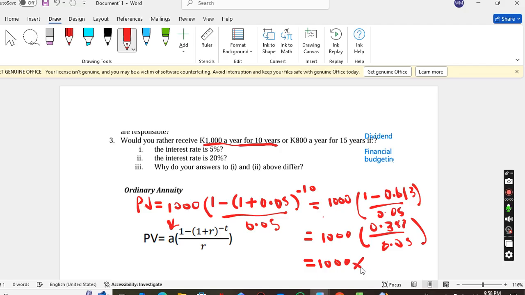Then 1,000 times 7.74 should give us 7,740.